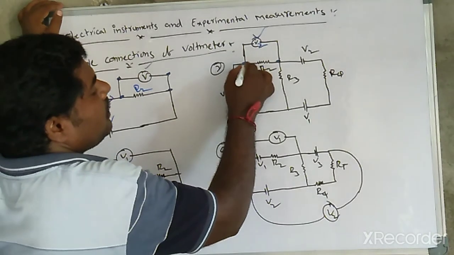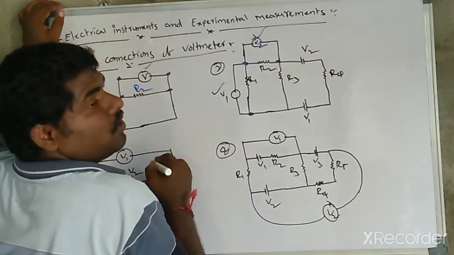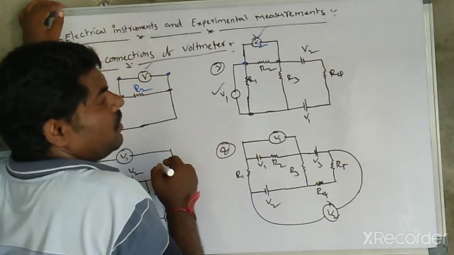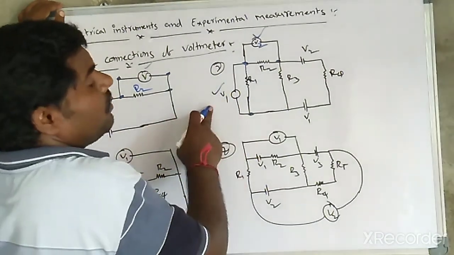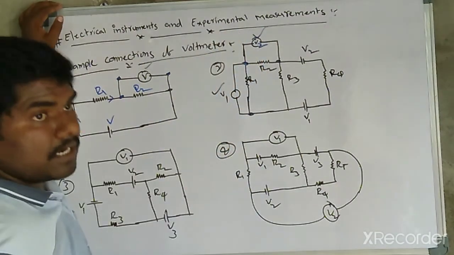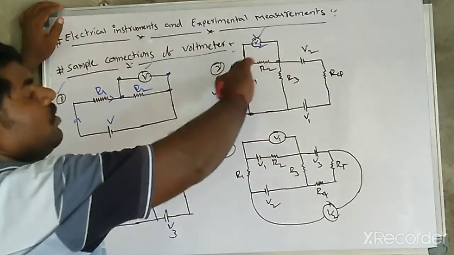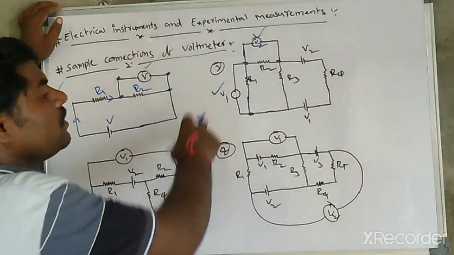Similarly, the potential across R1 only is the V1 reading. Sometimes they will ask to find the V1 voltmeter reading, which means the potential drop across this gives the deflection and this reading V1.